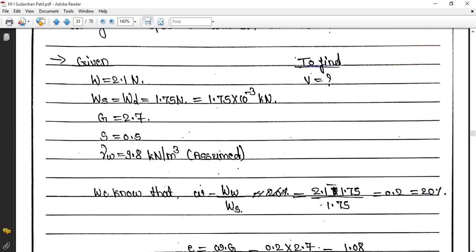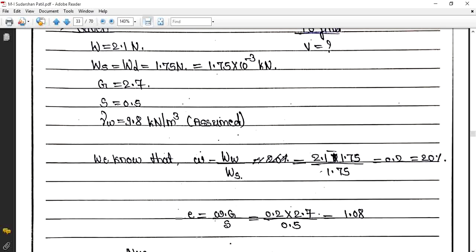You can see, this is the wet weight of the specimen and this is the dry weight. If I subtract the dry weight from the wet weight, that is 2.1 minus 1.75, I am going to get the amount of water present in the soil. Divided by the weight of soil solids, 1.75, it is equal to 0.2, that is 20%.